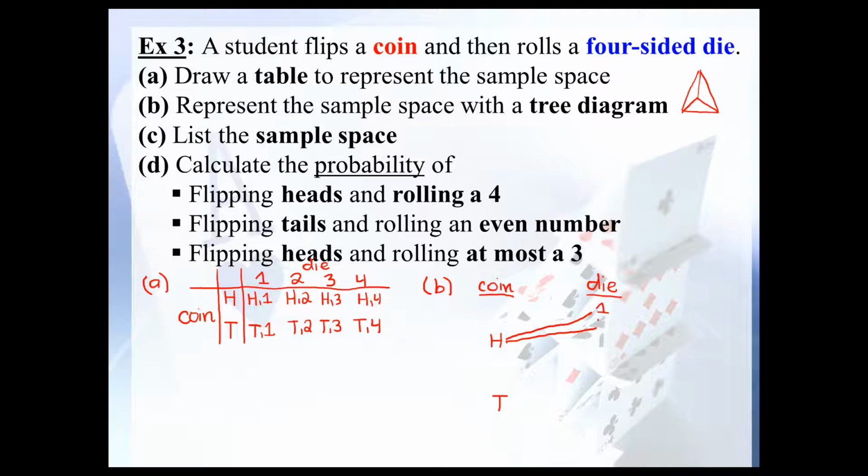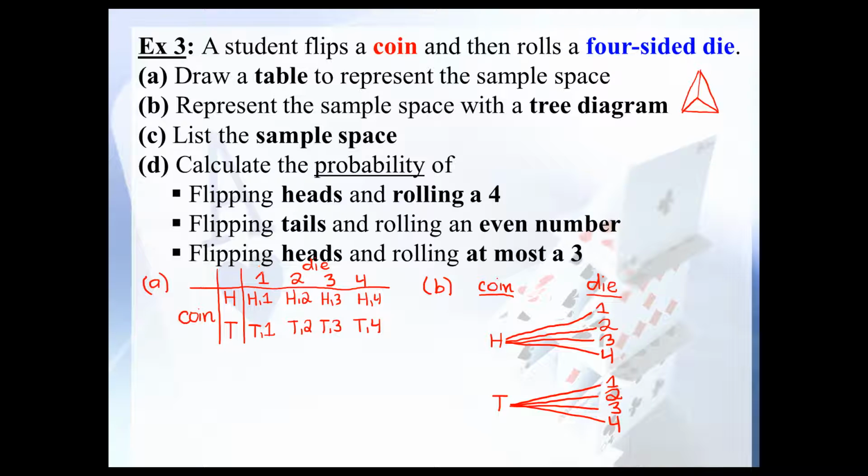And you'd have heads and 2, heads 3, heads 4. And then over here, you'd have tails 1, tails 2, tails 3, and then you'd have tails and 4.